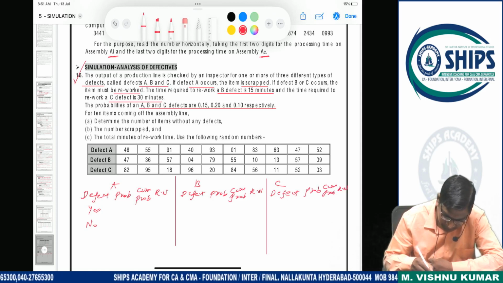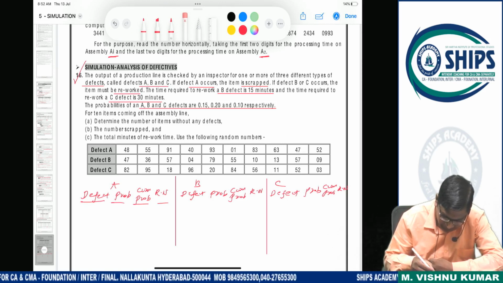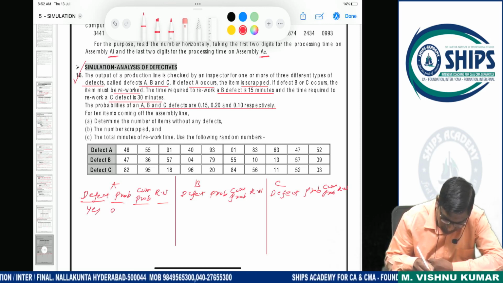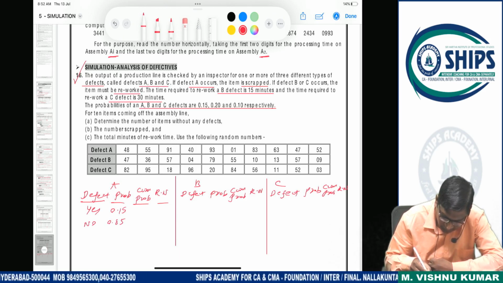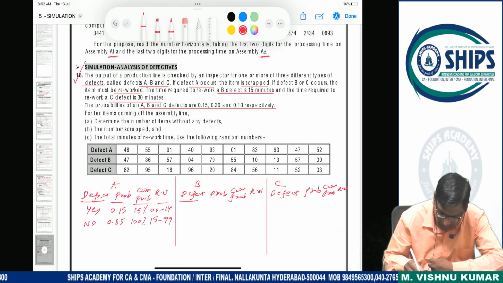Random number, okay? So yes, no. Probability of yes: yes can come first, no can come first, anything can come. Since these are probabilities of A, B, C defects, I am writing yes first. Yes probability 0.15, no 0.85. So cumulative probability 15, this is 100. Random number 00 to 14, 15 to 99. Similarly here also the same.